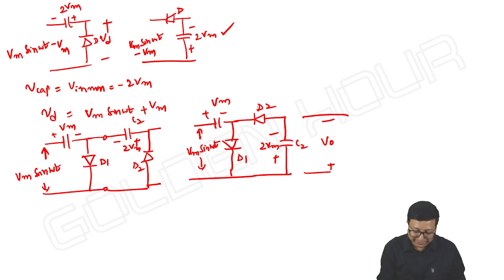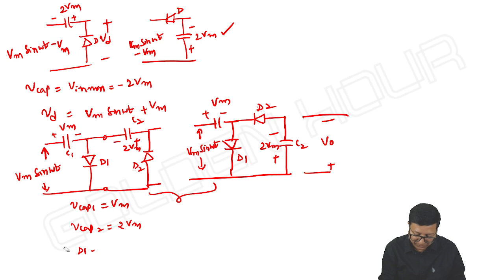In both the cases, V capacitor 1 is equal to Vm, I am speaking about both the circuits, and V capacitor 2 from bottom to top is 2 Vm, and D1 behaves like a negative clamper.